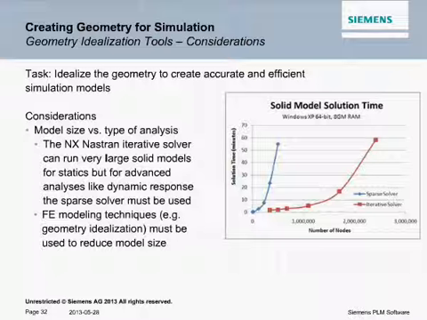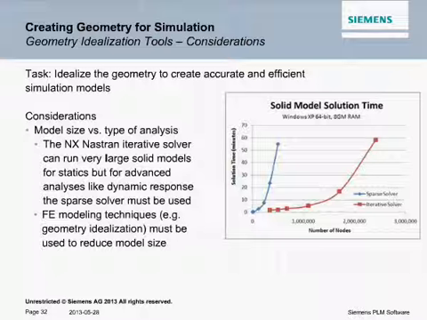And it offers two types of solver, the iterative solver, which really is able to model, analyze very large models quite efficiently, but really doesn't lend itself to more advanced types of analysis like dynamic response or nonlinear. So we have to resort to using the standard solver, which of course can't analyze models of such a great size.